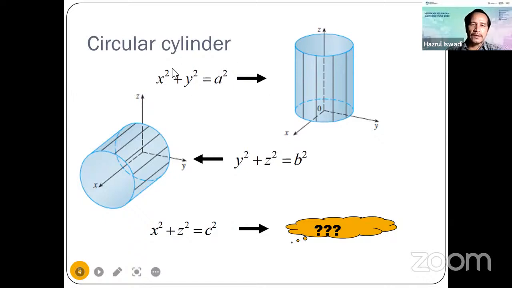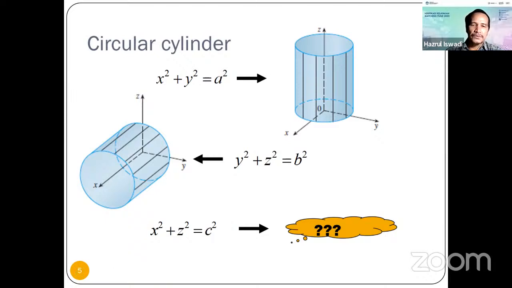There is no z variable here. On the left, the formula of this surface is y square plus z square is equal to b square. So there is no x variable here.